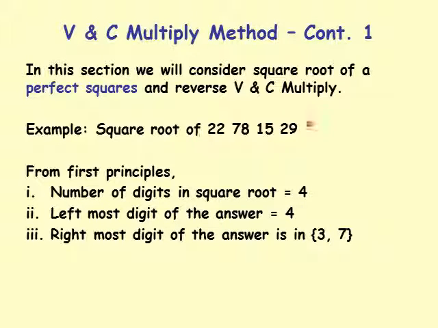The rightmost digit comes from the 9, which is in the set 3 and 7. 3 plus 7 is 10, so these two are 10's complement of each other. So the last digit is either 3 or 7, and we can say that only when there is a perfect square. This number is given to be a perfect square, so 4 is the leftmost digit and the rightmost digit is either 3 or 7.